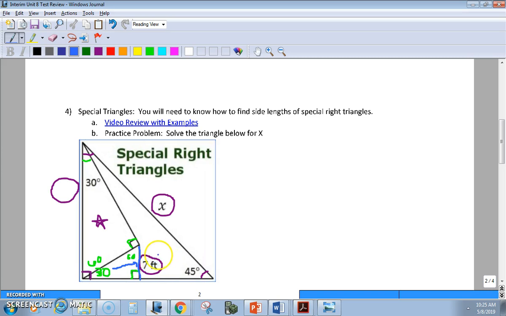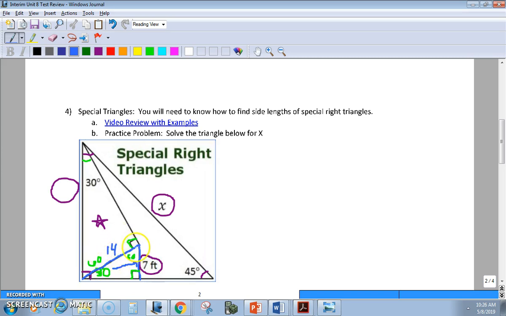Then my rules, which you should have written down in your notebook, and please be marking all of these that you're doing for the test so it's easy to find, say that the hypotenuse, or the longest side of that triangle, is going to be double that. So if the smallest side is 7, then the hypotenuse is going to be 14.